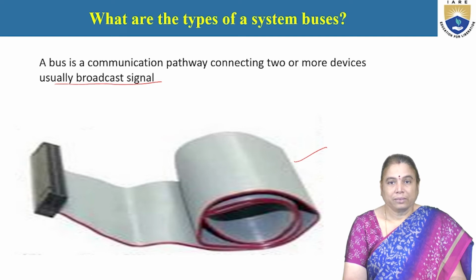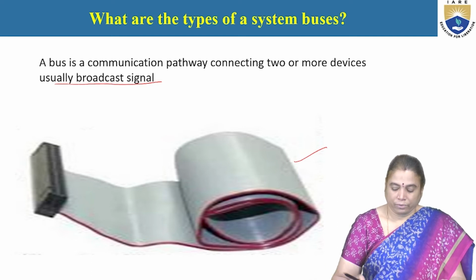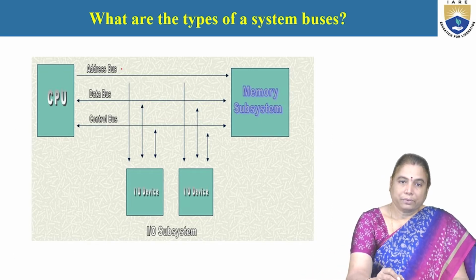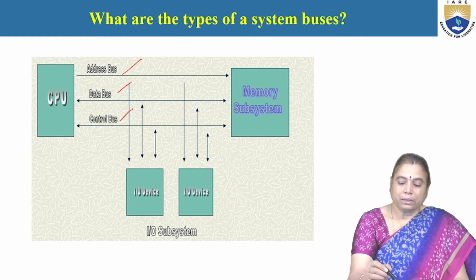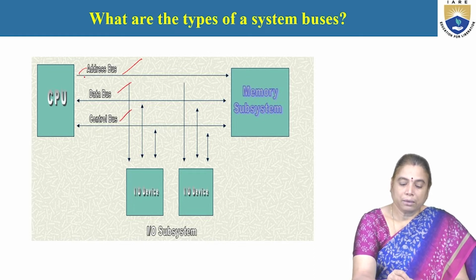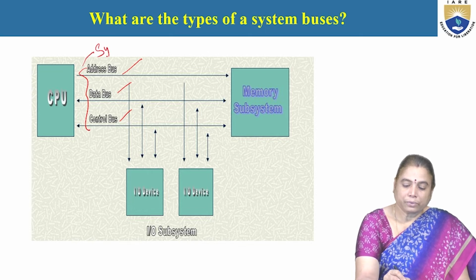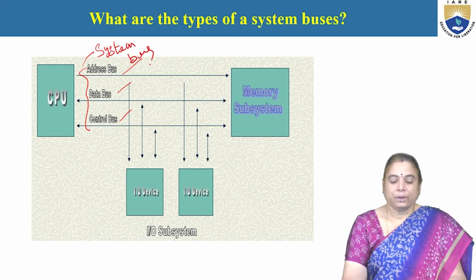The system bus is a combination of three buses. The three buses are the address bus, data bus and control bus. These three buses all together are called the system bus.